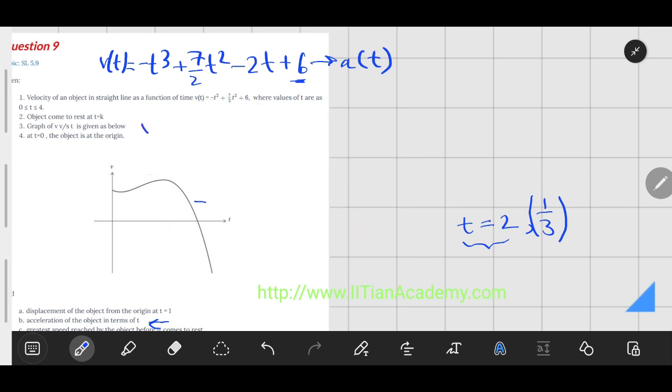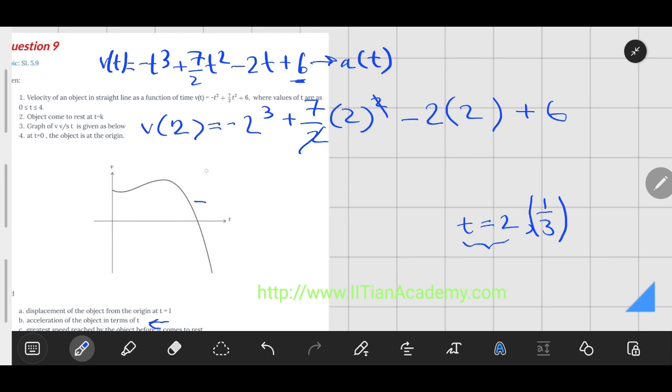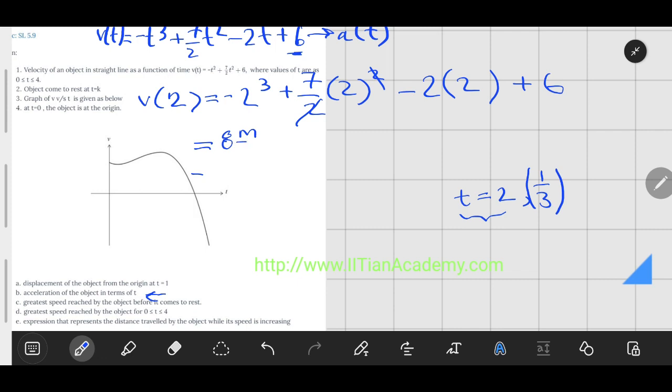So if we plug t equals 2 into our velocity equation, you should find that your answer is 8 meters per second, which is the highest velocity reached before our object comes to rest.